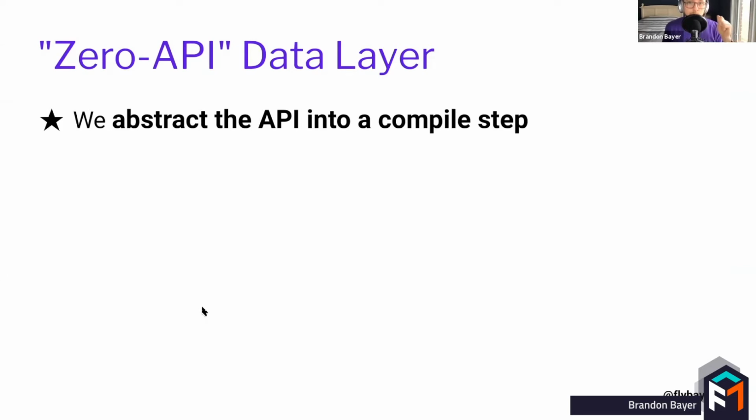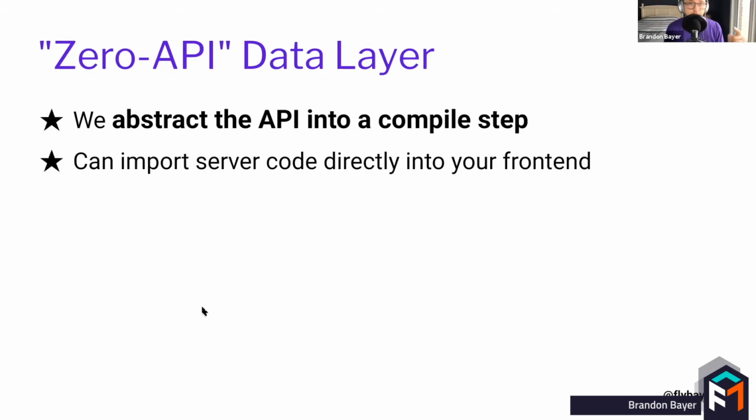So there is an HTTP API. There's an API that connects your front end to your back end. But as a developer, you don't have to think about it. You don't have to build it. You don't have to fetch from it. All that is handled for you automatically, unless you need to opt into and do it manually yourself, which you can. But for most things, it's done automatically.